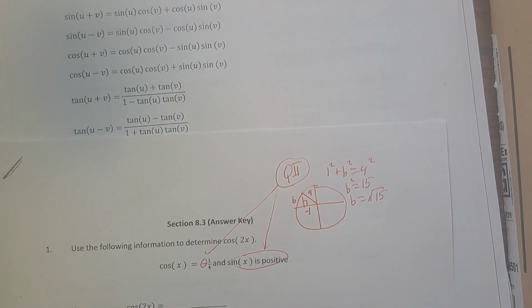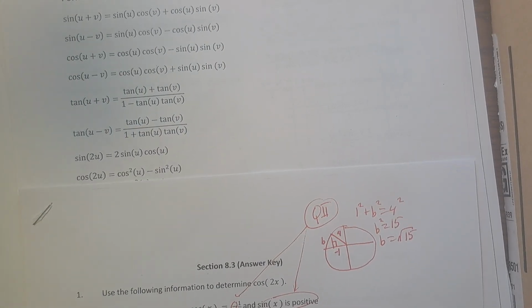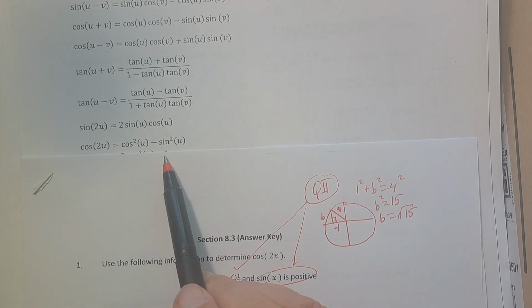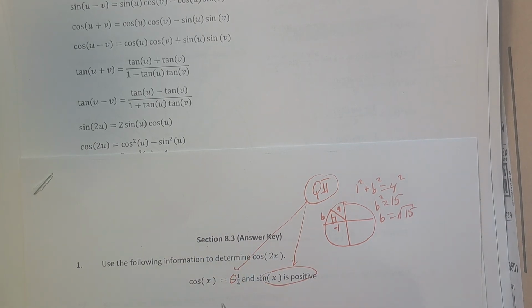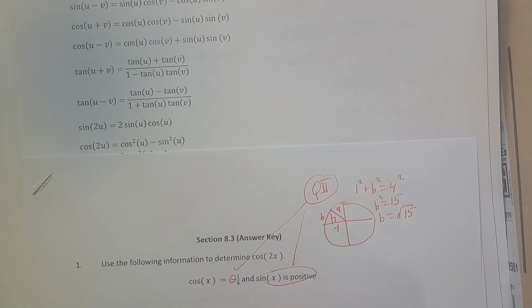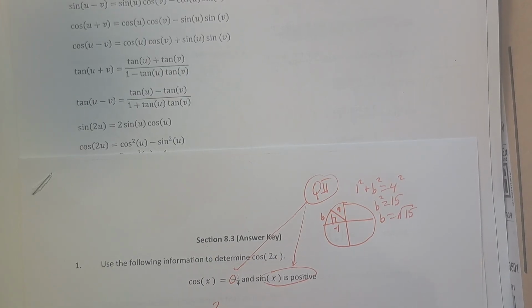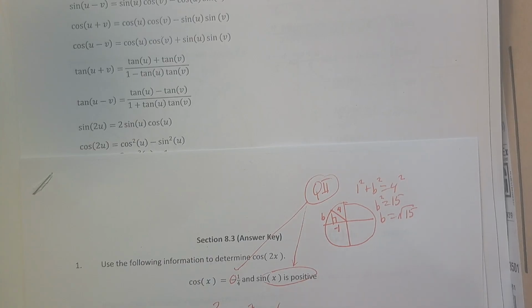So any one of these 3 will be fine. I'll just use the first one listed, cosine squared minus sine squared. Cosine is adjacent divided by hypotenuse.